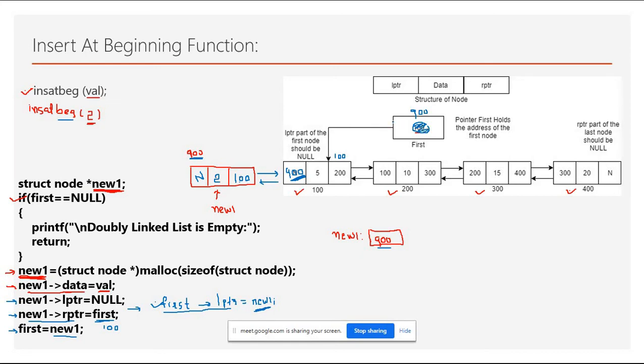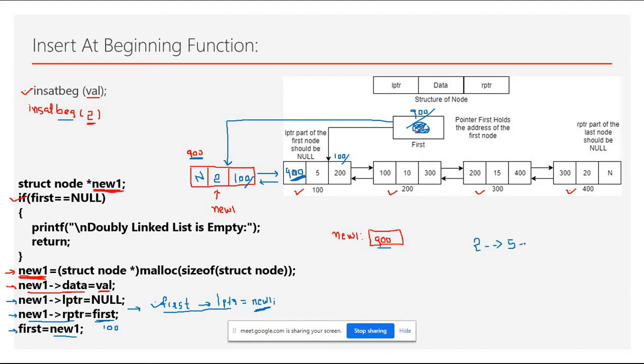So in that case, the first pointer is pointing to this recently created node. Now whenever you call the display function, what will the display function do? It will take the address from first, 900, and then it will print 2. Then we get the next address from the RPTR, so 100, we go to 100, and then we print 5.